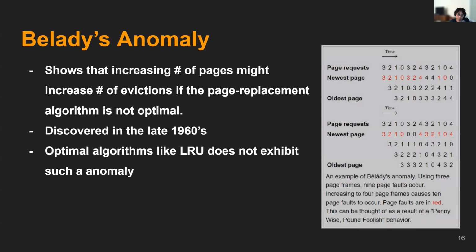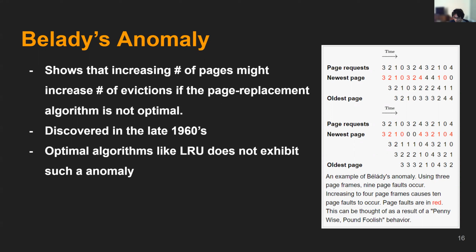And in the late 1960s, I think Belady discovered that's not the case. And it's actually unbounded. So whenever you increase the number of page limits, the number of evictions could be even higher. And the difference between the number of pages and the number of evictions can be unbounded.